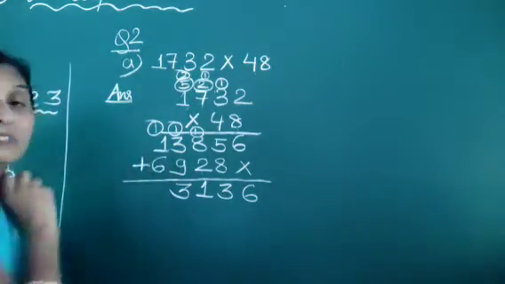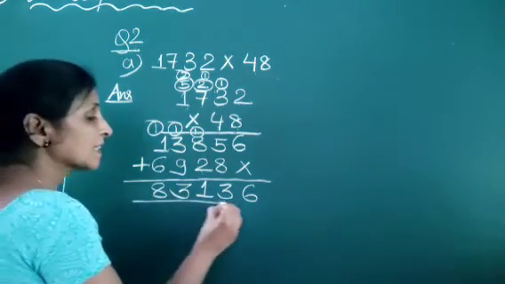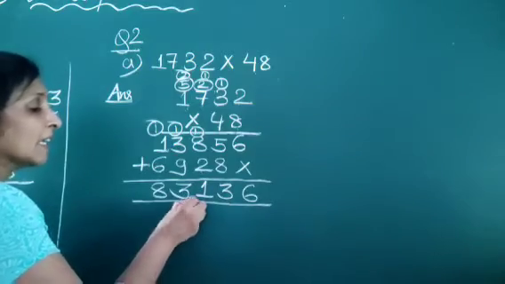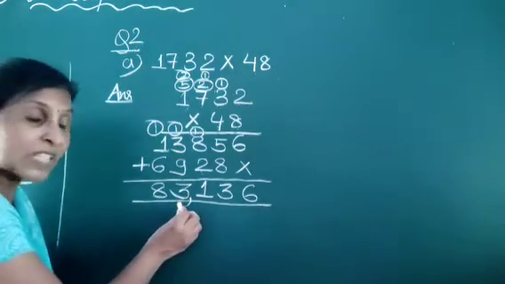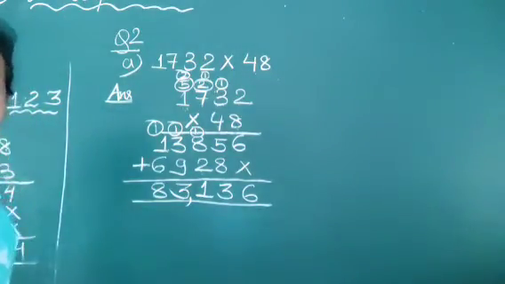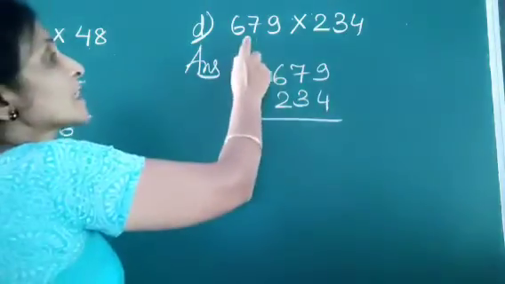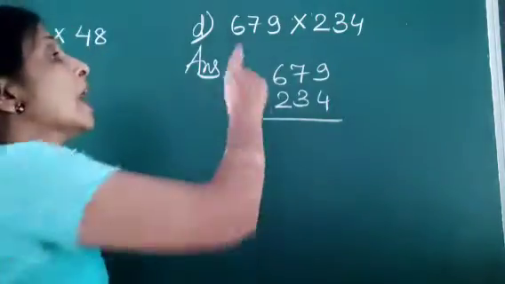Then 6 plus 1, 7, 7 plus 1, 8. So our answer is 83136. And in number name, how we read this? 83,136.